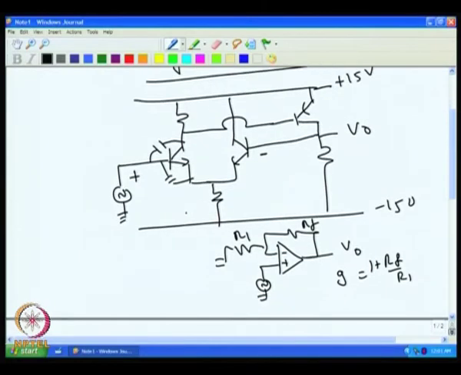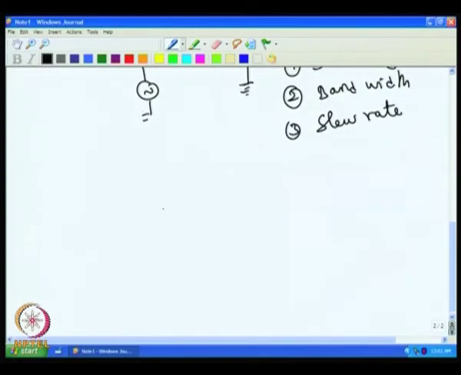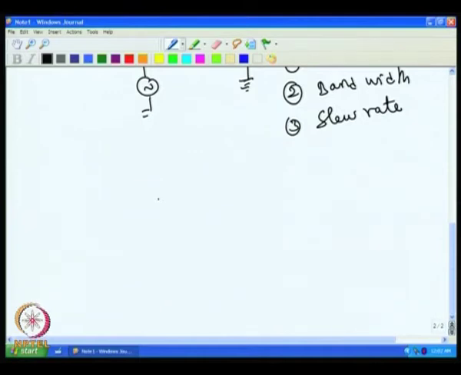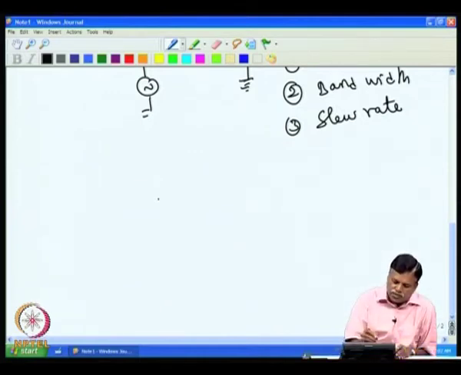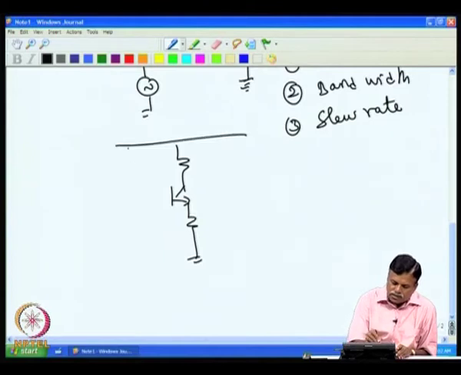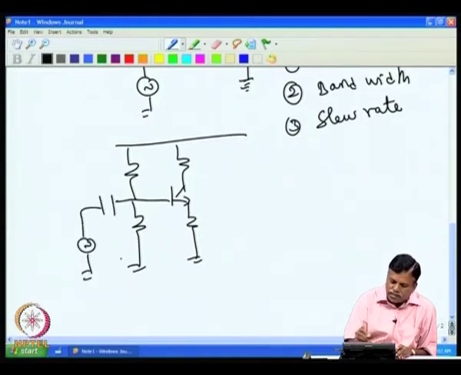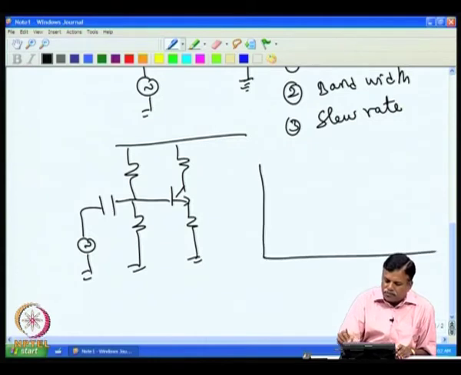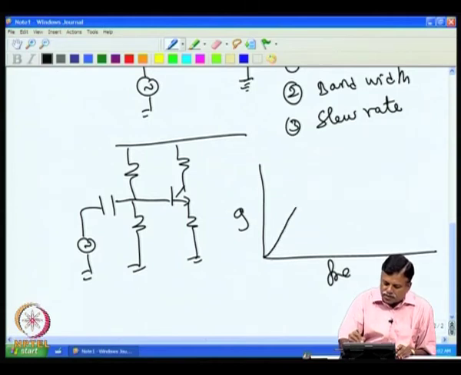Now, for a single stage amplifier like this, these capacitors create a problem, because we might have seen that in our original transistor amplifier that we were using in the conventional circuit that we have. If we take this transistor amplifier circuit, this single stage amplifier, we used to get a gain bandwidth relation like this, that is gain versus frequency if we plot, we used to get for example, the curve like this.